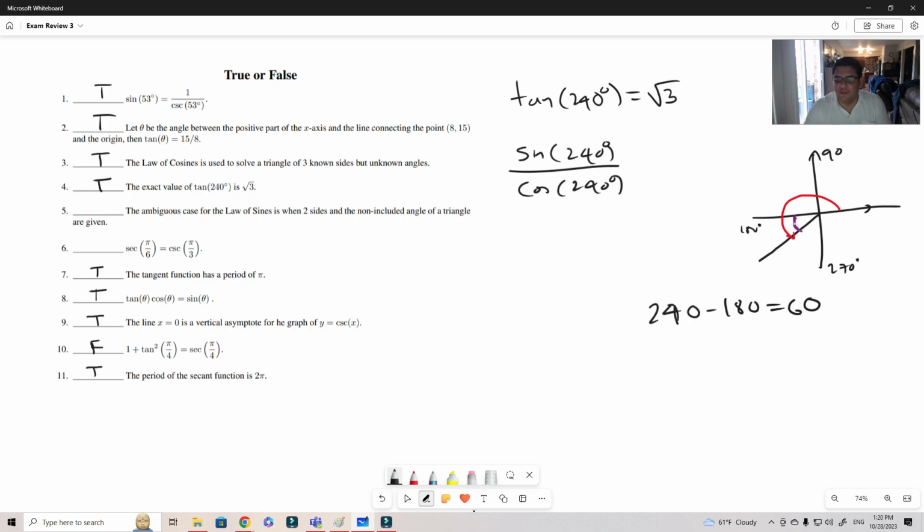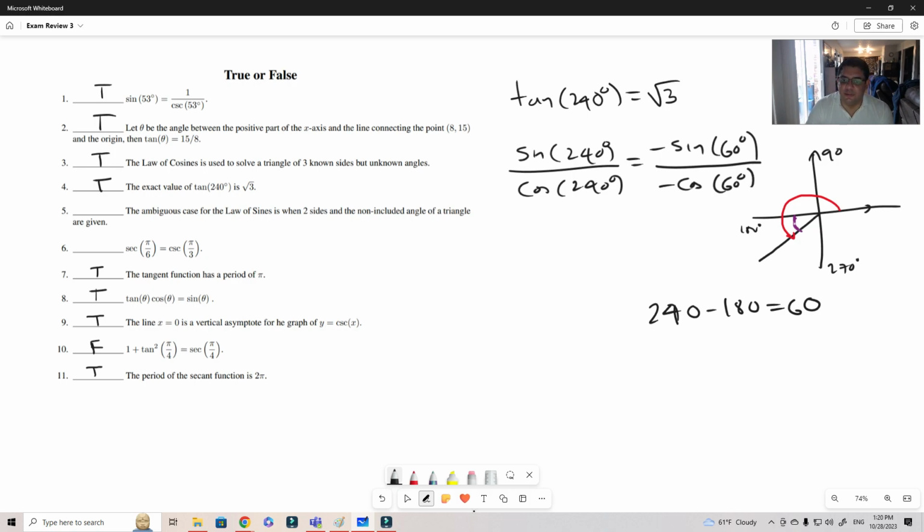And so this means that I can use the reference angle 60 with the information of the sine and cosine here. So this will be in the third quadrant, the x is negative and y is negative. So this means that this is going to be minus sine of 60 degrees over minus cosine of 60 degrees.